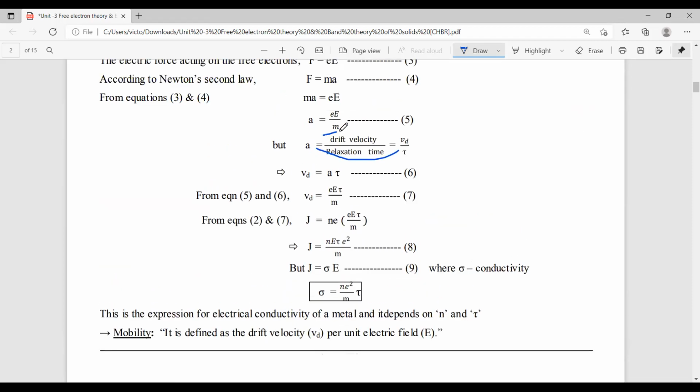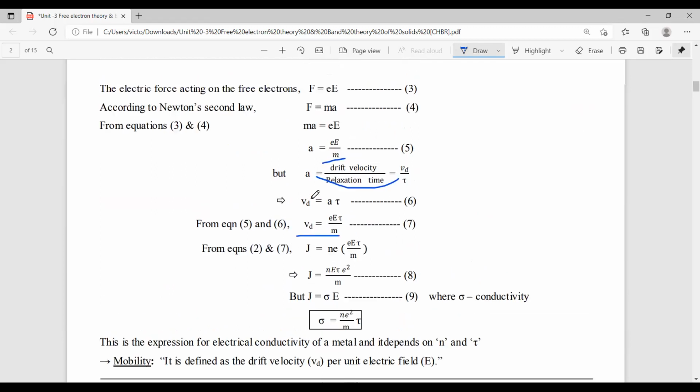Now from equation 5, the acceleration expression is eE by m, so Vd equals eEt by m. Vd means drift velocity.